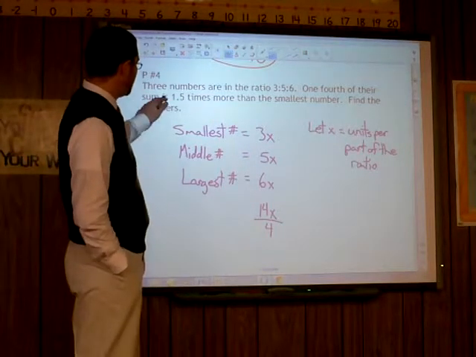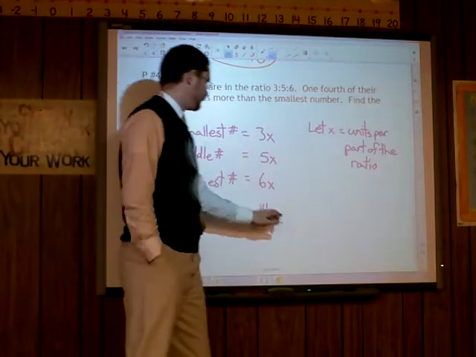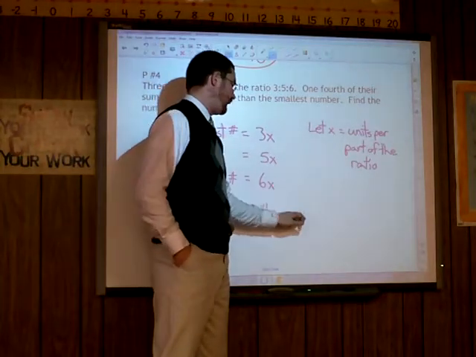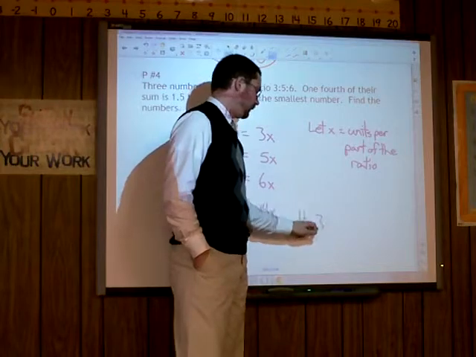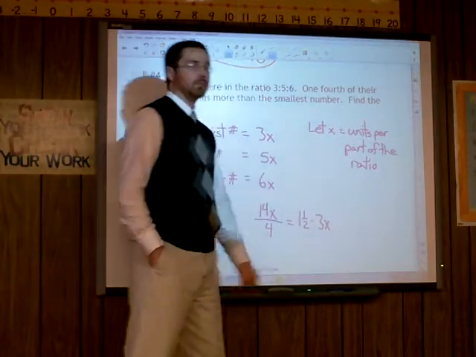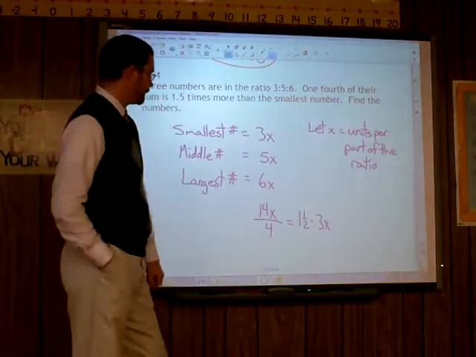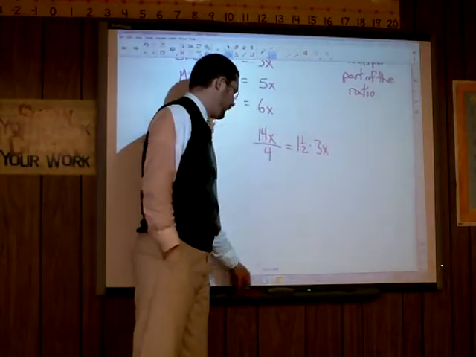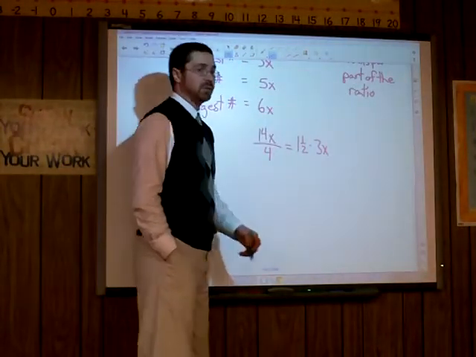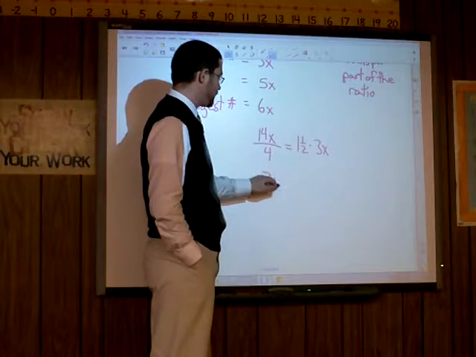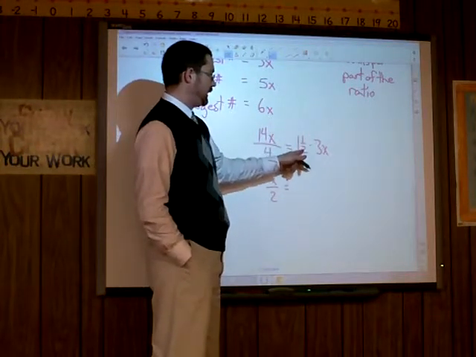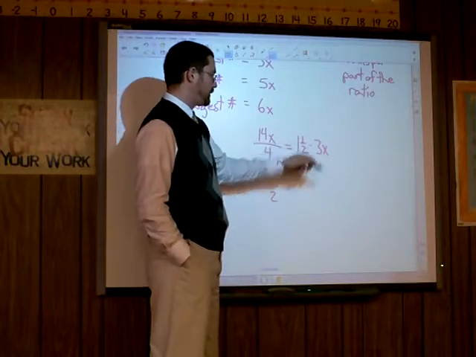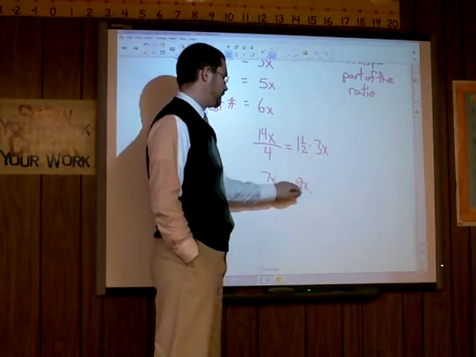And that is, there's my equal sign, 1.5 times the smallest number. So that's 3x. Okay? So now, what I would do is I'd simplify both sides first. 7x over 2 is going to equal, this is 3 halves. 3 halves times 3x would make 9x over 2.